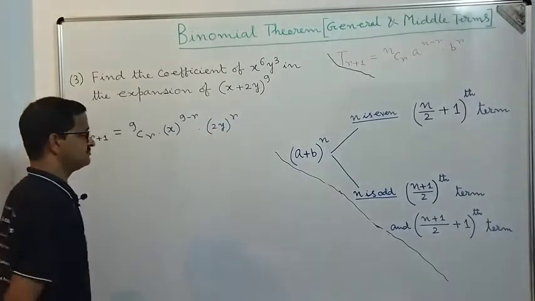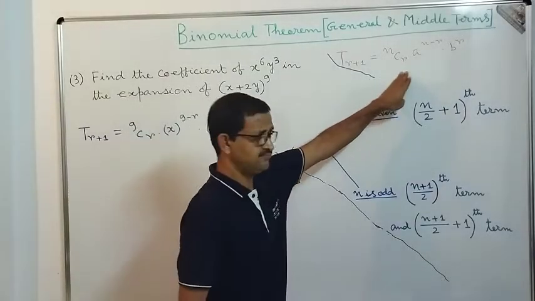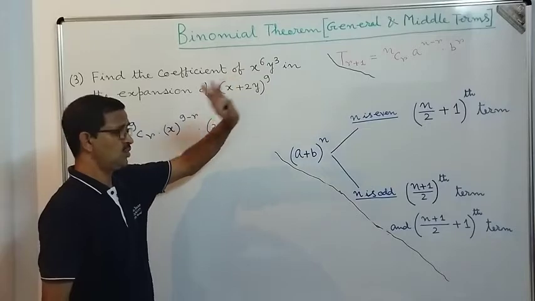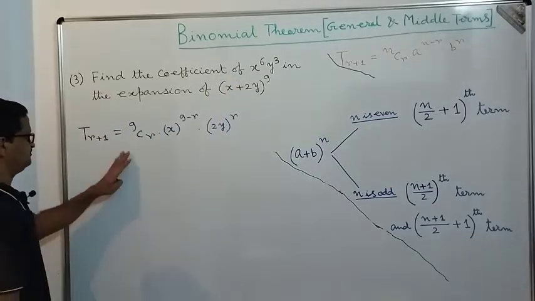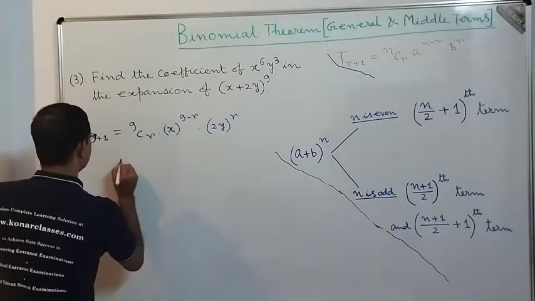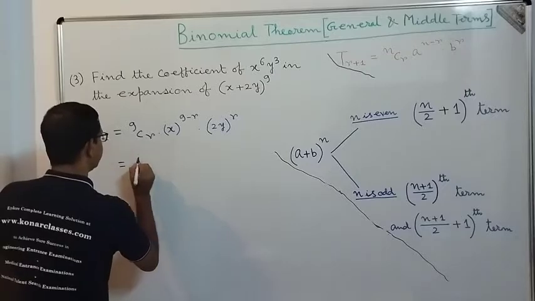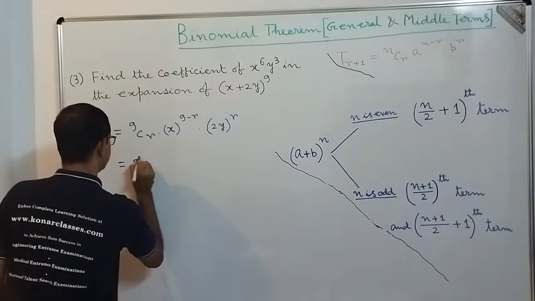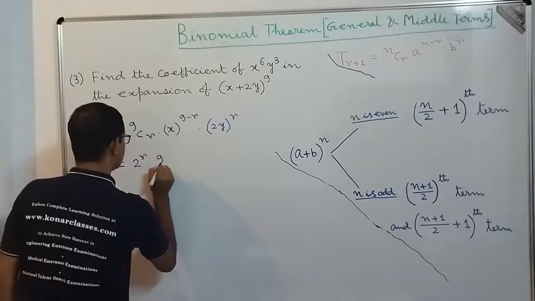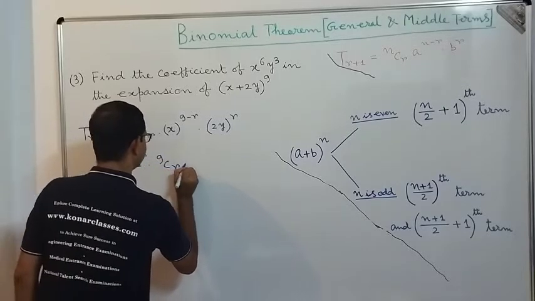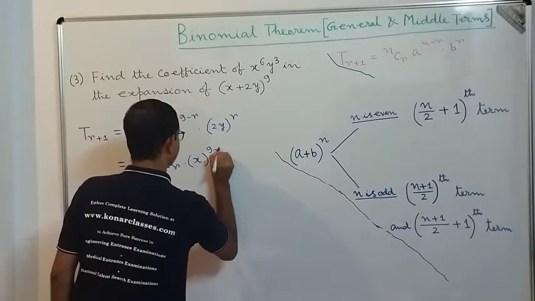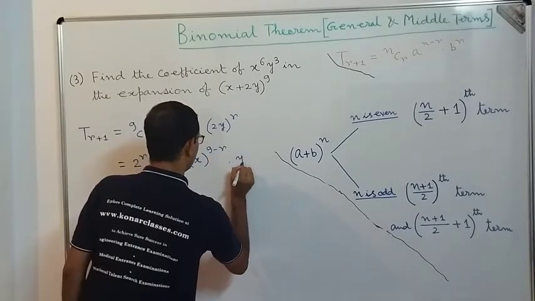Correct? That is the r plus 1th term, and in this case the value of n is equal to 9. So this is equal to what, dear students? We can take 2 power r out: 2 power r into 9Cr into x to the power 9 minus r into y to the power r.